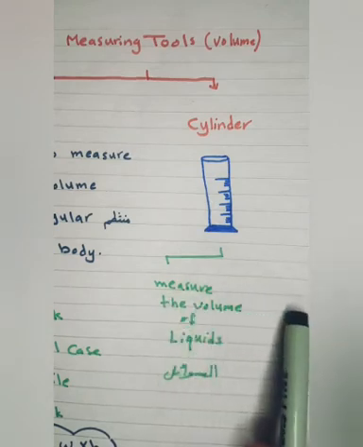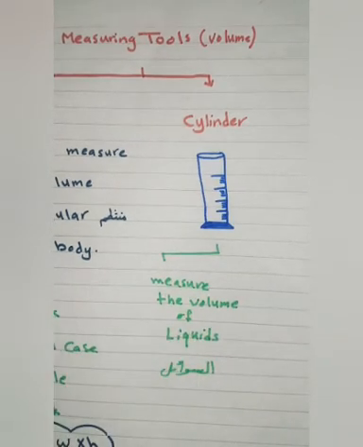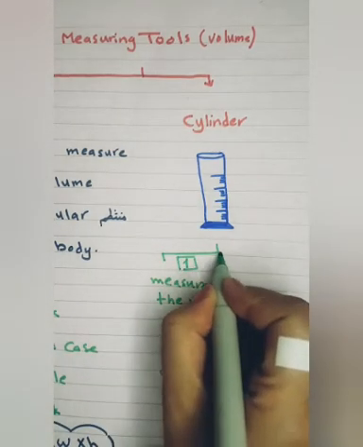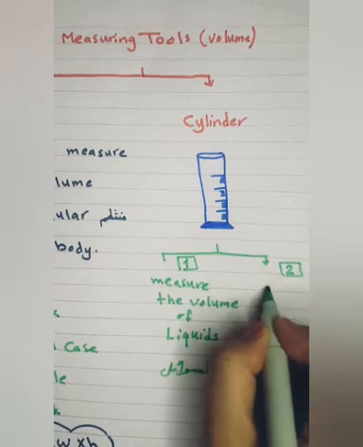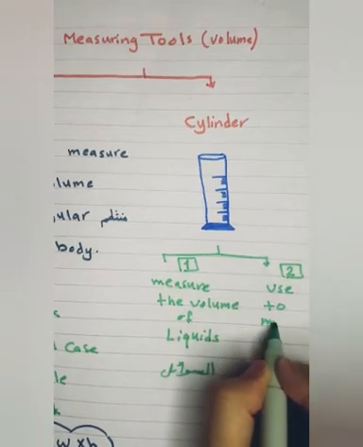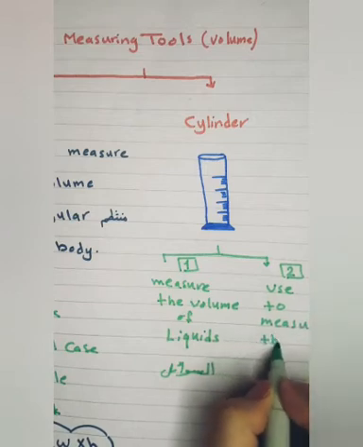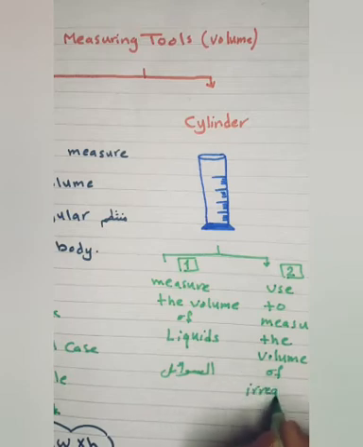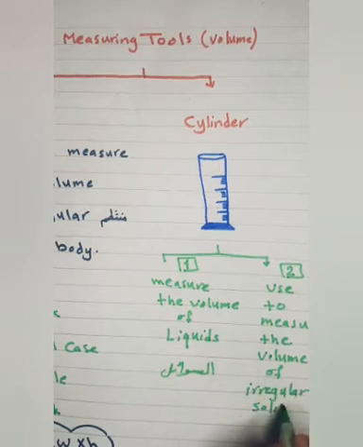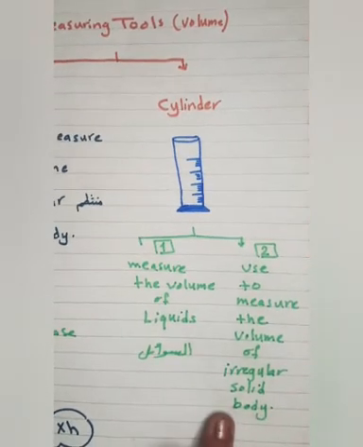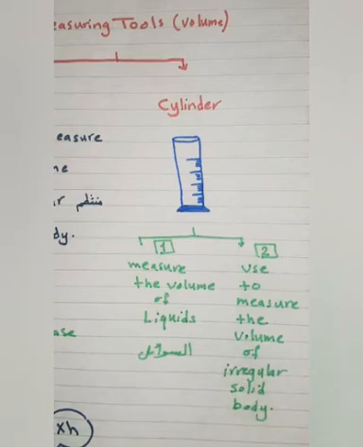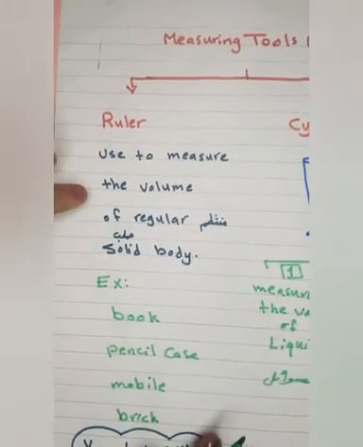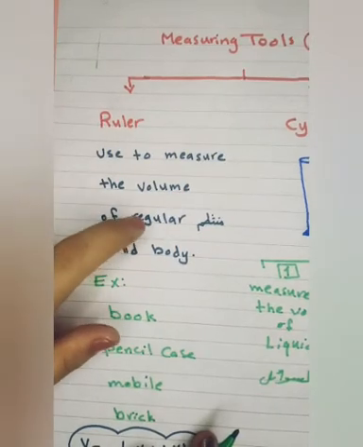to measure the volume of two things. First of all, I use it to measure the volume of liquids. The second function الوظيفة الثانية للسلندر which we use to measure بنستخدمها لقياس the volume حجم of irregular solid body جسم صلب ولكن غير منتظم. هنا كانت ruler بنستخدمها to measure the volume of regular solid body جسم صلب منتظم.